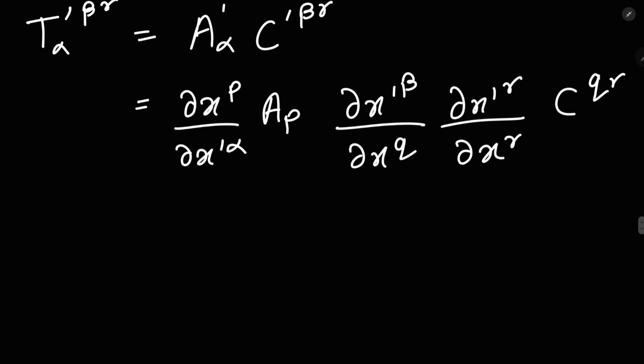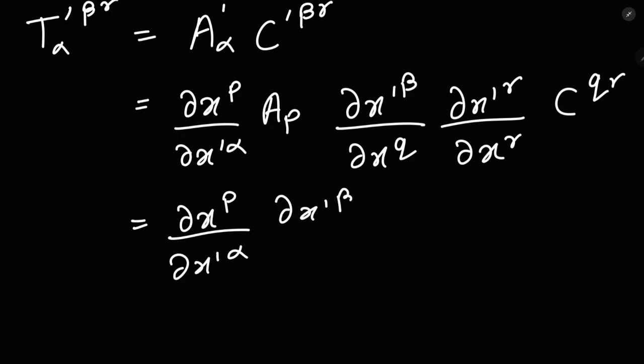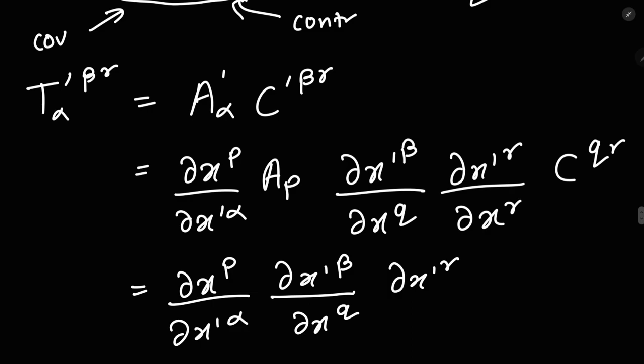So we'll take these factors together and we'll write del x p upon del x prime alpha, del x prime beta upon del x q, del x prime gamma upon del x r. So I think I've written gamma twice here. Sorry, this is r. I'll use another index s so that I don't confuse it with gamma.